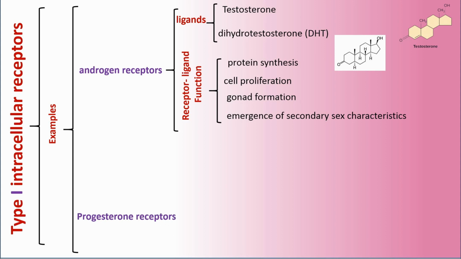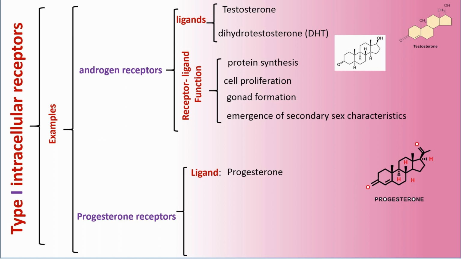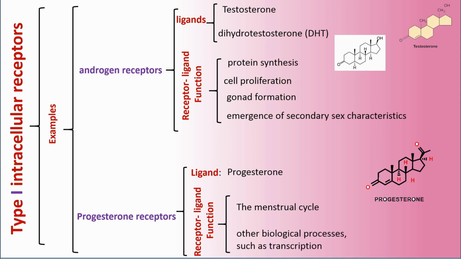Another example of type 1 intracellular receptors is progesterone receptors. Ligand of progesterone receptors is progesterone. Progesterone receptor ligand function: the menstrual cycle, and other biological processes such as transcription.